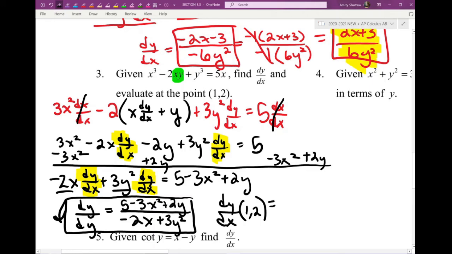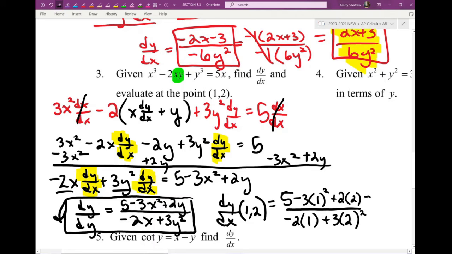And that means that I have 5 minus 3 times 1 squared plus 2 times 2, where y equaled that 2. And then I have a negative 2 times x when x is 1, and plus a 3, and y is a 2, and it should be squared. And when you simplify all of this out, what you will end up with is 3 over 5. And I leave the arithmetic to you.